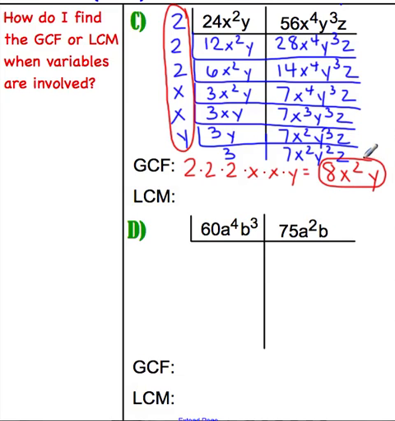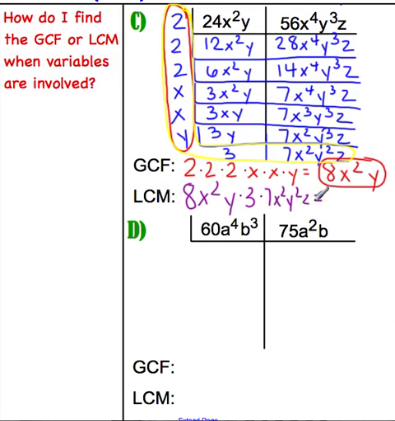Now for the LCM, I need to take the L, which is a lot more information. So I take my 8x squared y that I got for the GCF, and I multiply that by 3 and by 7x squared y squared z.